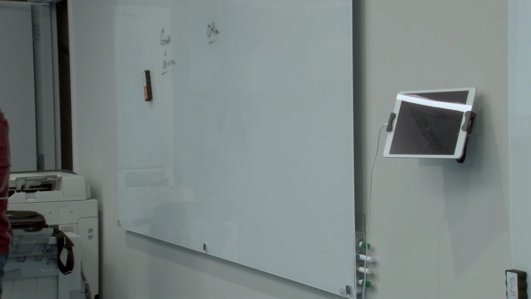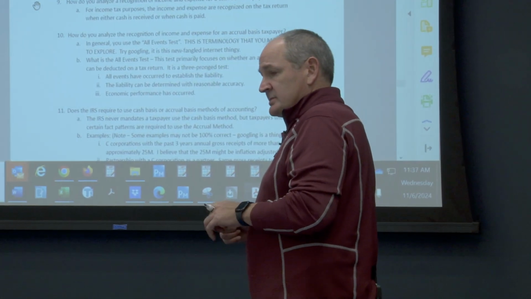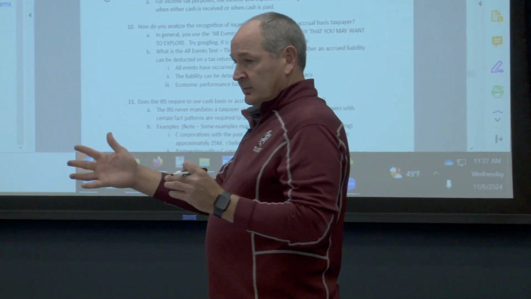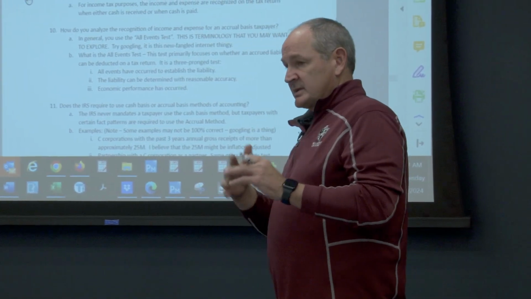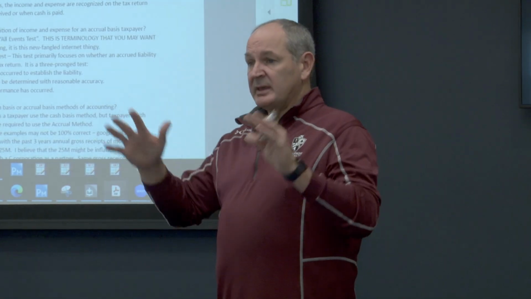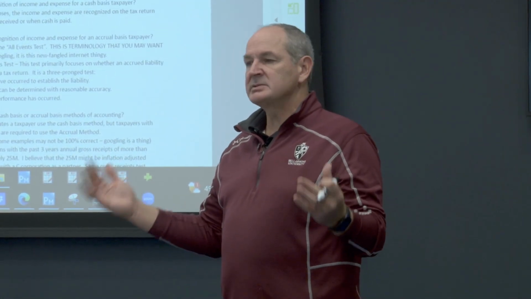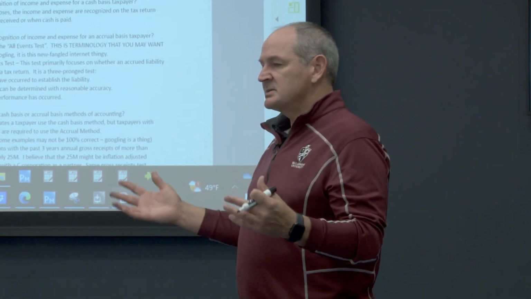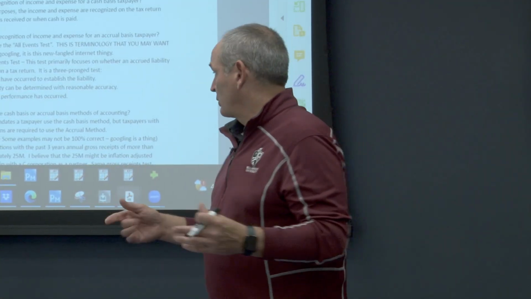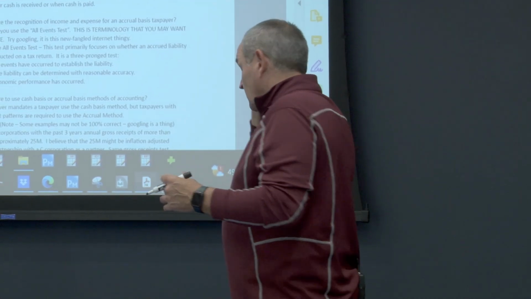Okay? So, question 1, have all events occurred to establish the liability? Have I performed the service? Have you and I interacted with each other in a manner that sets that liability? Does anything else need to happen? That's a good way of saying it. If nothing else needs to happen, the all events test portion has been met. Can the liability be determined with reasonable accuracy? Generally, that's going to be true.